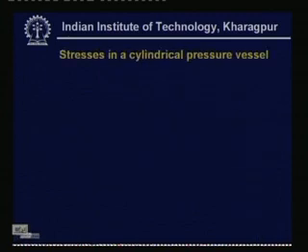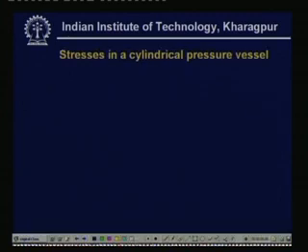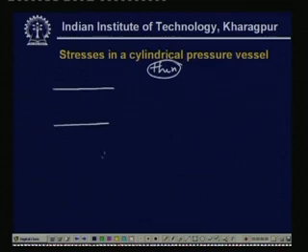Now, what are the stresses in cylindrical pressure vessels? Here we have a pressure vessel, which again we consider thin, always. This is a pressure vessel which has thickness very small compared to the diameter. This may be open ended or closed ended.